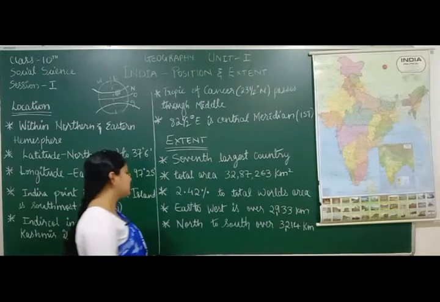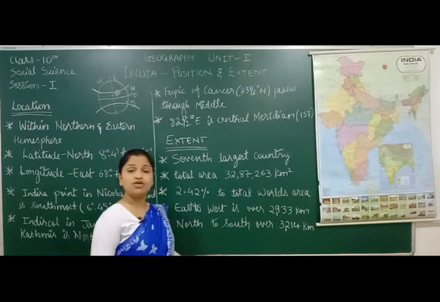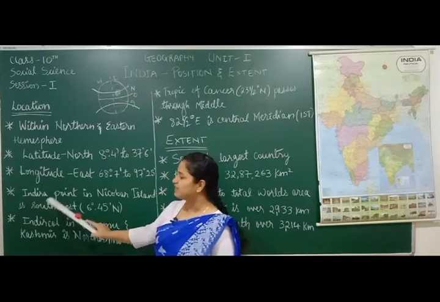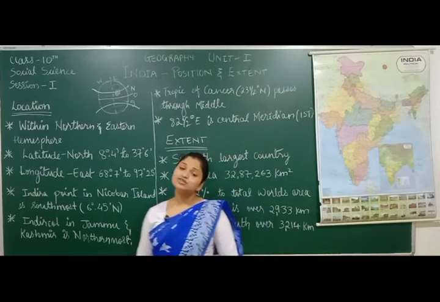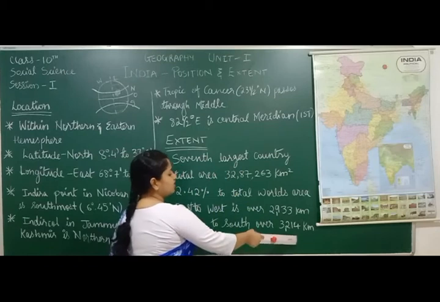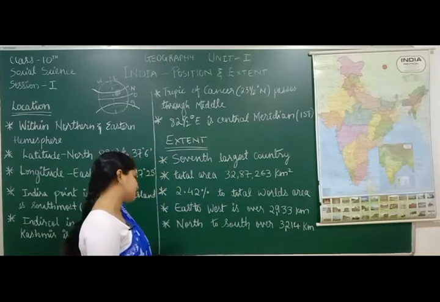Whereas north to south, if you want to go from Indira Col to Indira Point, suppose, what is the distance there? It is 3,214 kilometers.